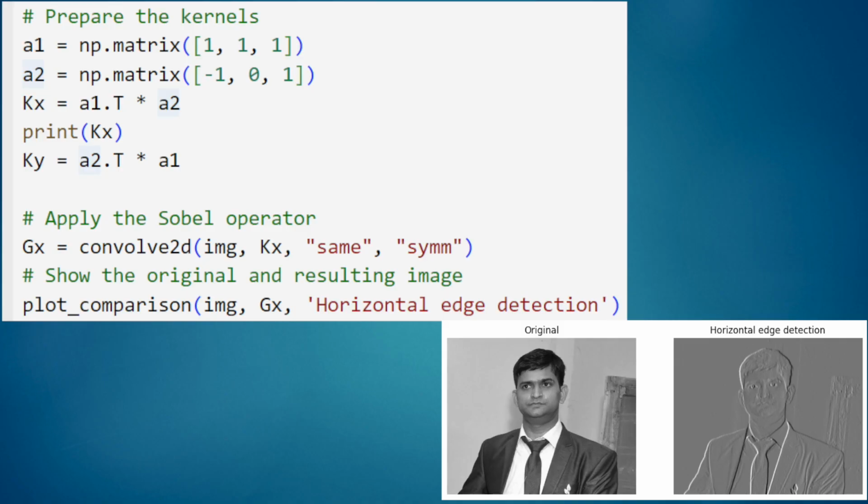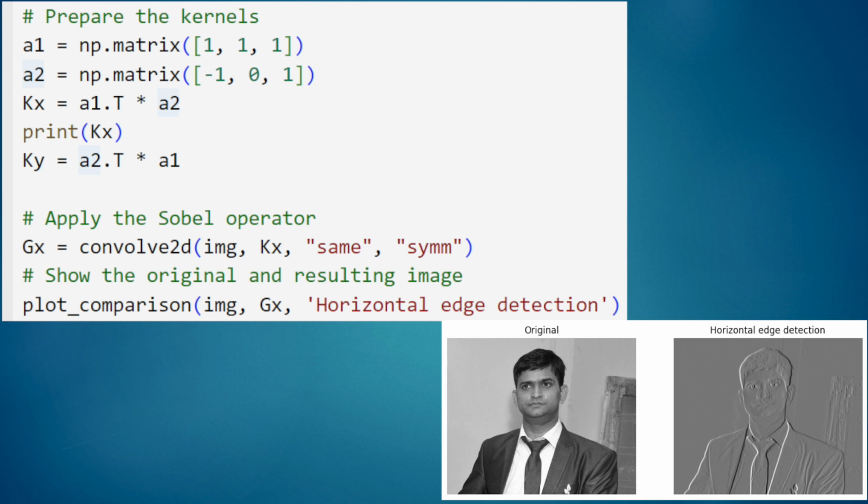You have to create the matrices for these two first. So the first matrix is stored in A1, np.matrix 1, 1, 1, and the second matrix is stored in A2, np.matrix -1, 0 and 1, and then Kx is created by A1 transpose into A2, and then I am printing Kx just to see whether the filter is created correctly or not.